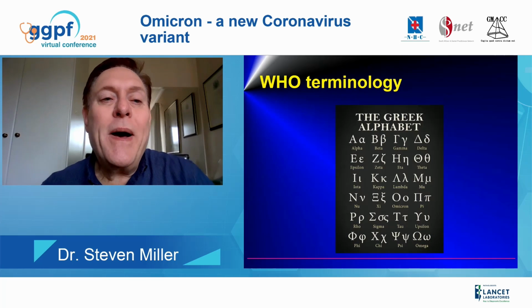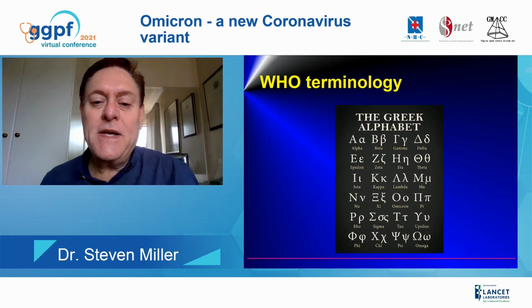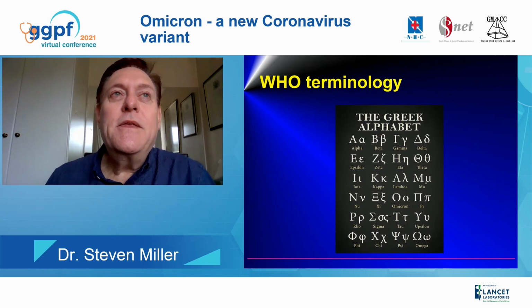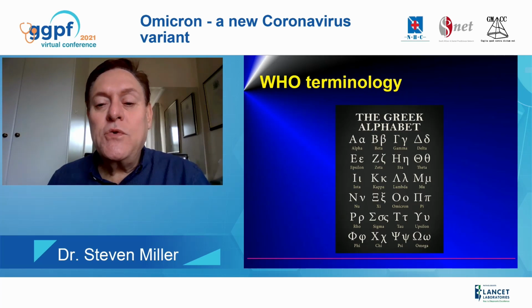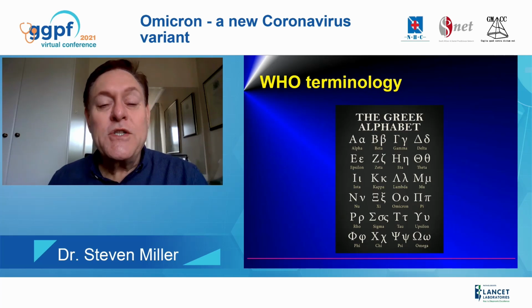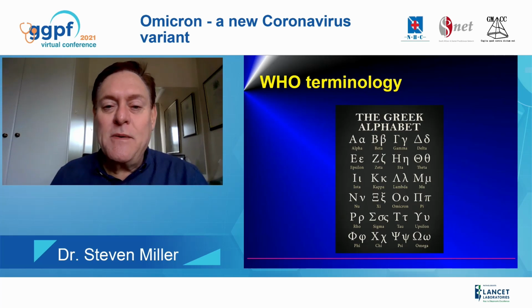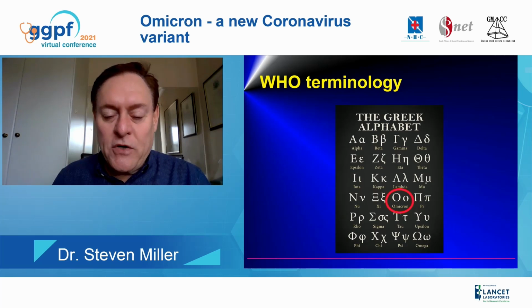And as you all know by now, this has been identified as something novel, this mutation, which we had hints of 2 weeks ago. And fortunately, the terminology we use now is quite simple. Thanks to the World Health Organization, we call these variants by Greek letters, and this particular one is called Omicron.